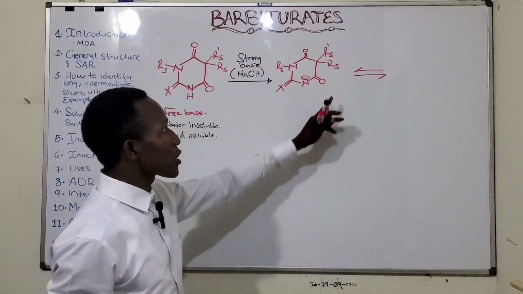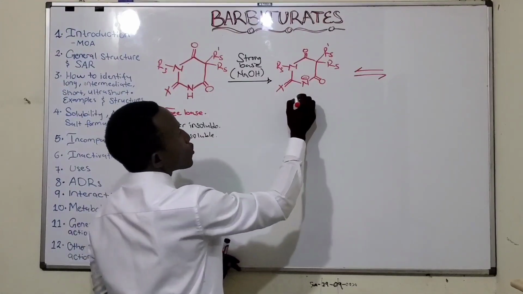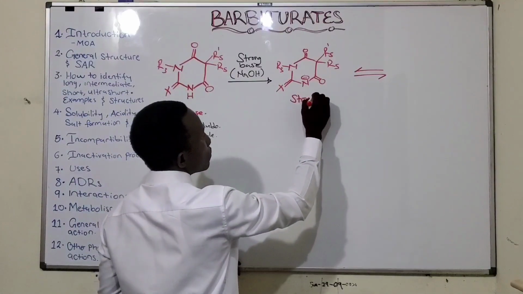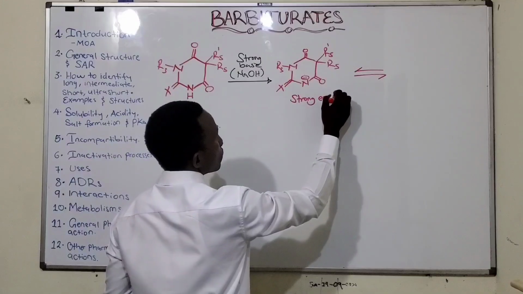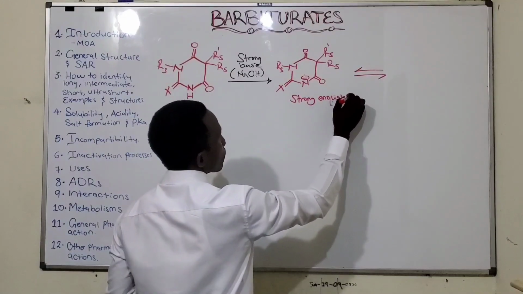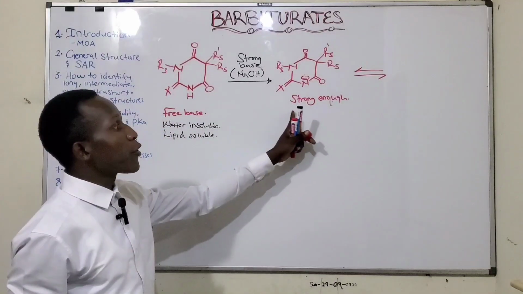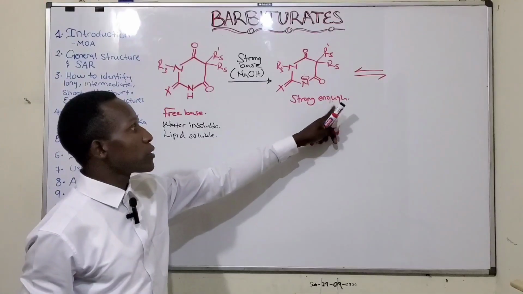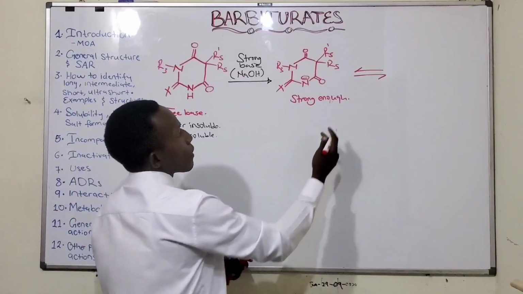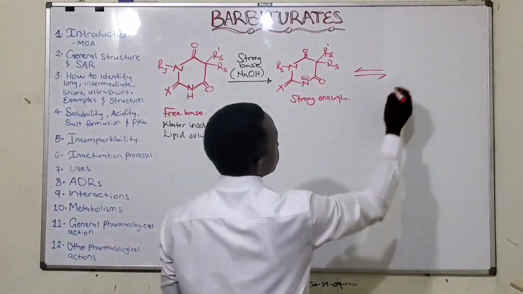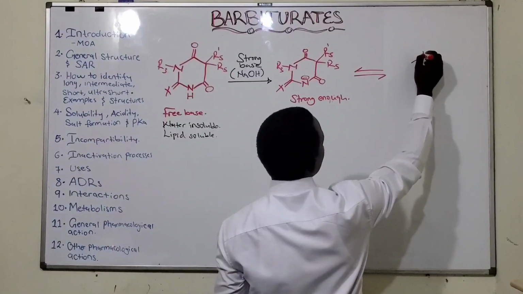It can have resonance structures. Now, this one is strong enough to break the hydrogen bonds of the water molecules. So it is water soluble, but it is stabilized by resonance. So we shall have this.